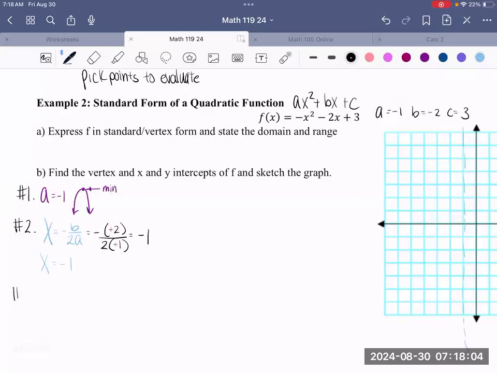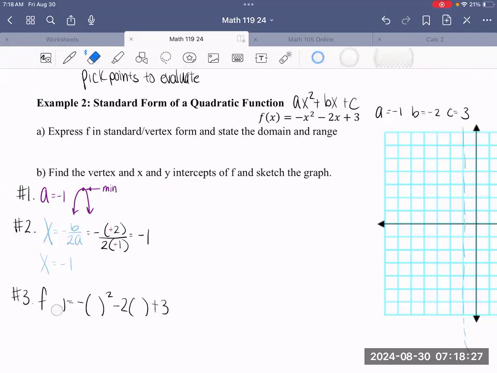And so when we look at the third step, we're going to take your x equal to -1 and plug it into your equation. So if we have f of x is equal to -x squared minus 2x plus 3, we're just going to erase your x and plug in the -1.